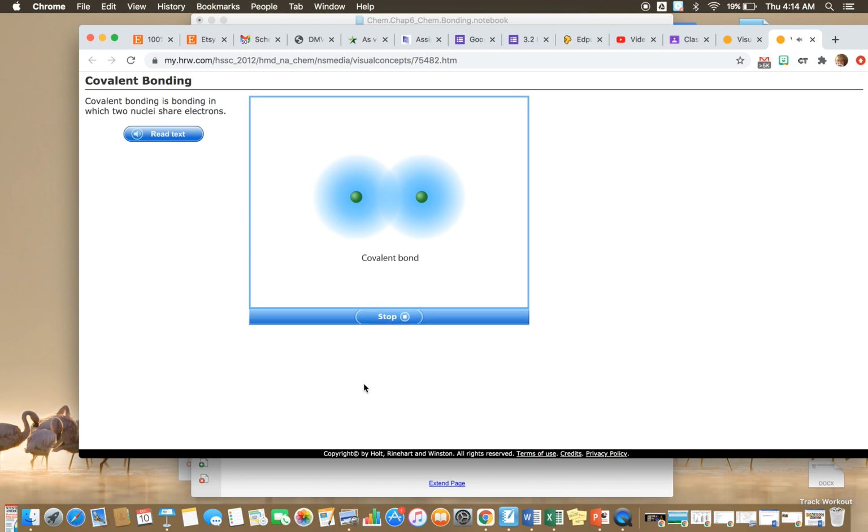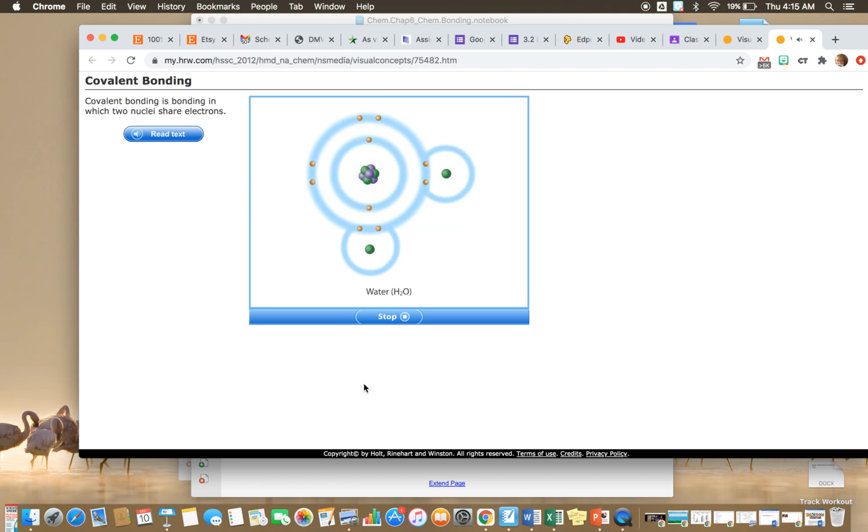Many atoms form covalent bonds. In covalent bonds, electrons are shared by both atoms. The first energy level in atoms can hold 2 electrons. By sharing electrons in a covalent bond, each hydrogen atom has a full outermost energy level. Water molecules are also held together with covalent bonds.